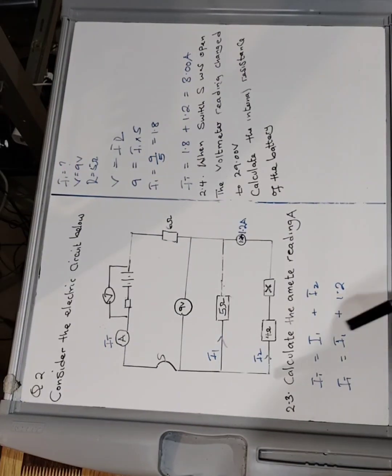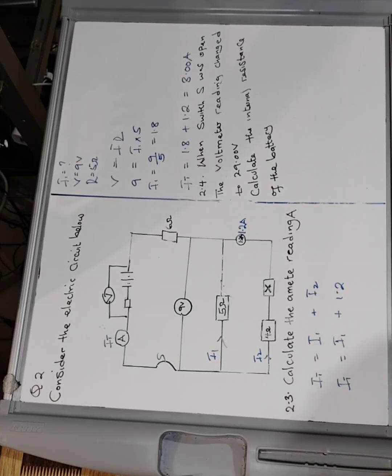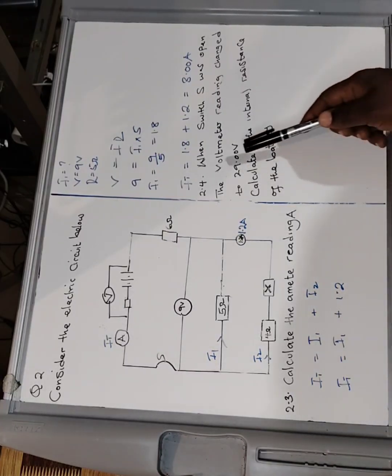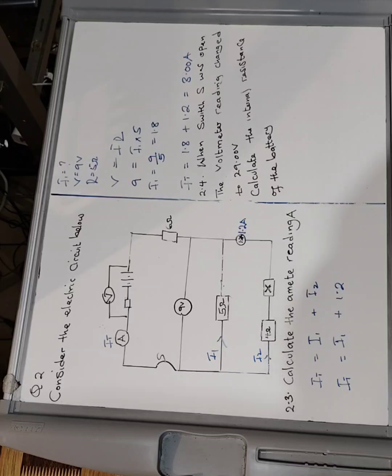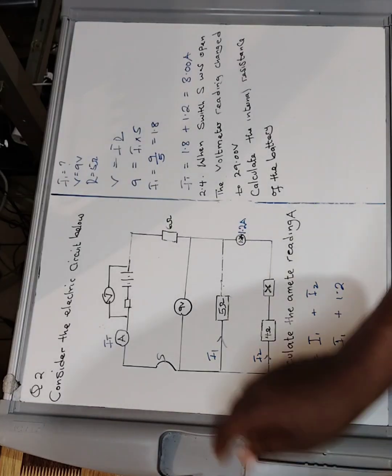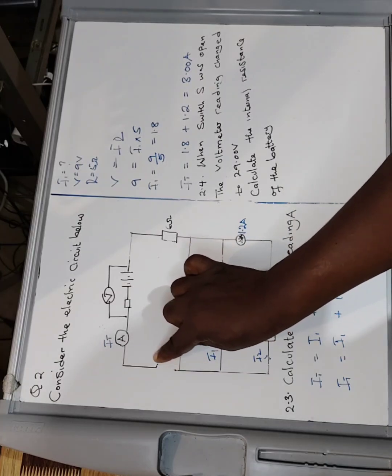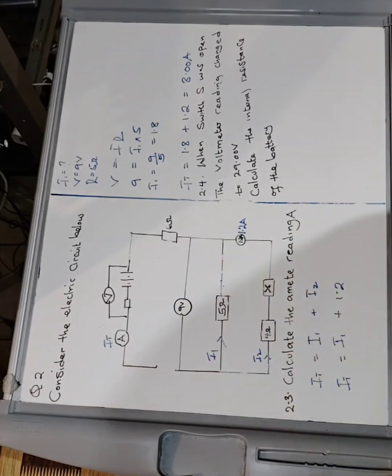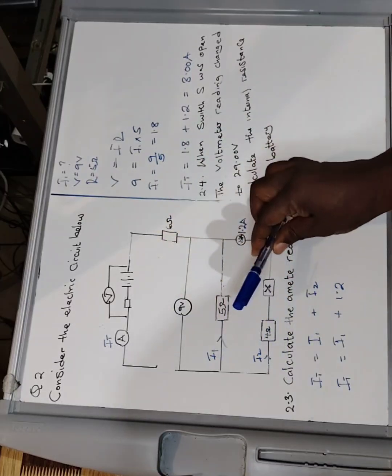Then comes this question. It says, when switch S was open, the voltmeter reading changed to 29.00 volts. The question says, calculate the internal resistance of the battery. How do we go about that? You have to remember that if we open this switch, all this part of the circuit is off.